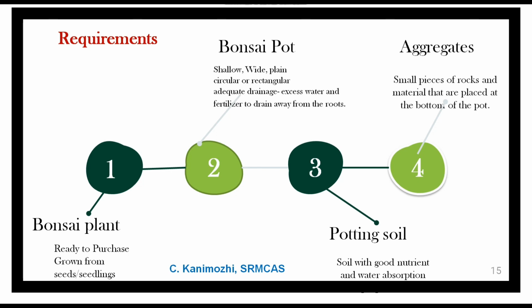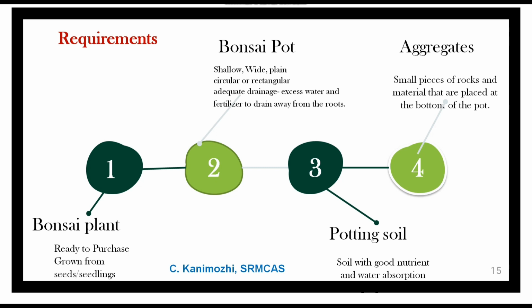What are the requirements? If you're going to make a bonsai, the requirements are a bonsai plant, which might be ready to purchase from a nursery, or you could produce your own from seeds or seedlings from cuttings. Then a bonsai pot. It should definitely be shallow, wide, and plain.